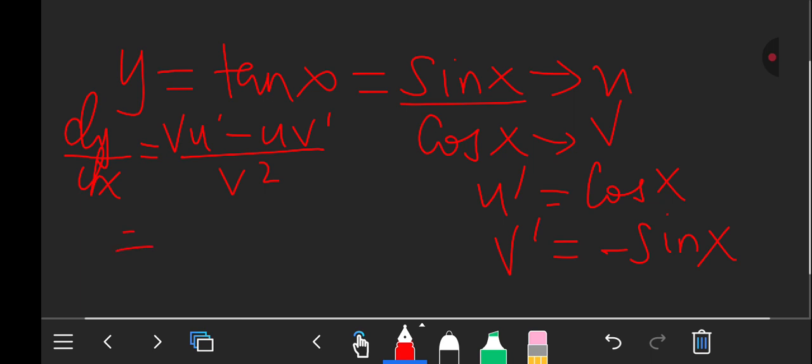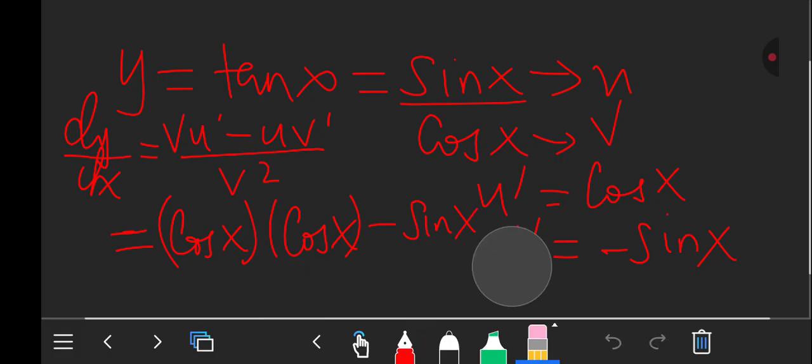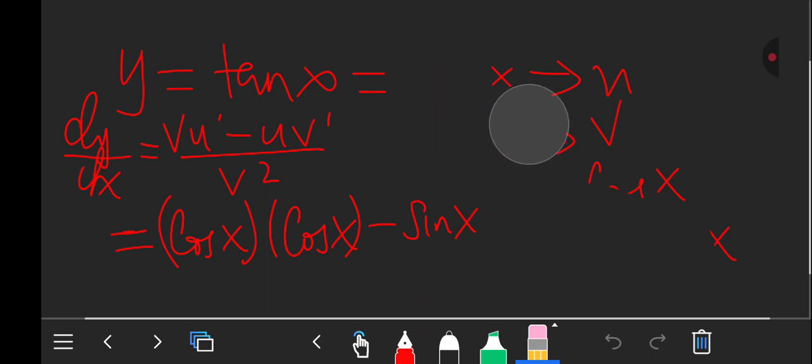So this will be equal to, our v in that case is cos x, multiplied by u prime, which is also cos x, then minus u, our u is sin x, times our v prime, which is negative sin x.